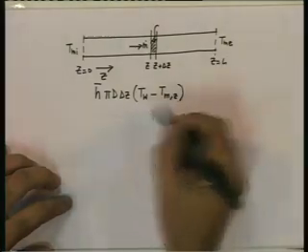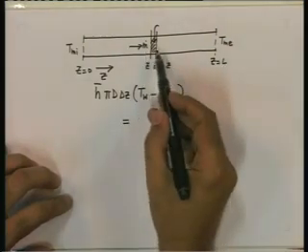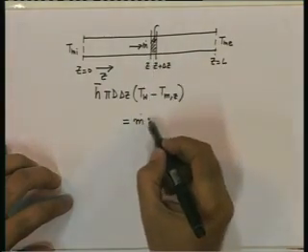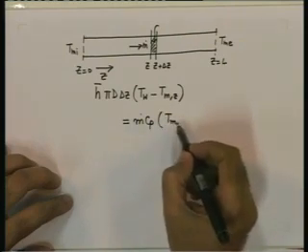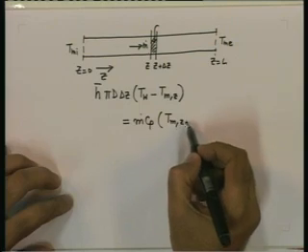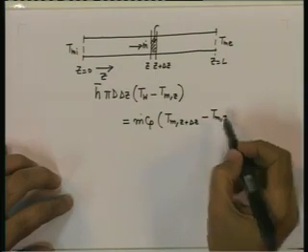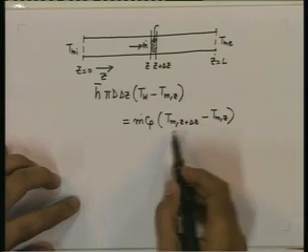And this should equal m dot into enthalpy out minus enthalpy in, and that would be equal to m dot into Cp of the fluid into Tm at Z plus delta Z minus Tm at Z. Transposing terms, notice that this can be written down as dTmz.